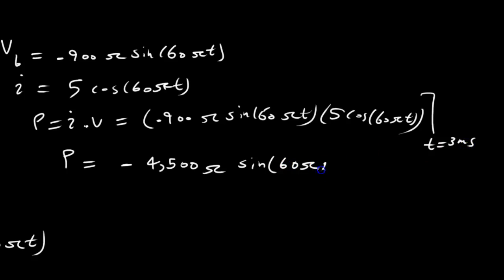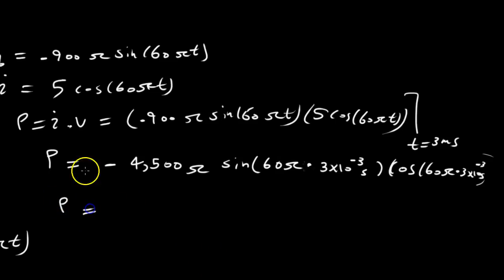So that's multiplied by 3 times 10 to the negative 3 seconds, multiplied by cosine of 60 pi times 3 times 10 to the negative 3 seconds. So I'm going to do that in the calculator real quick and give you the answer.